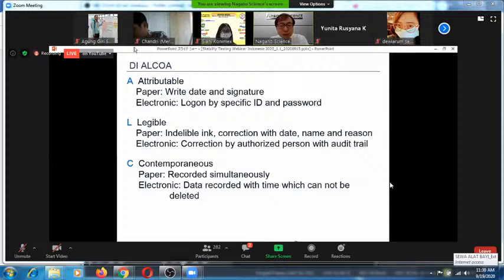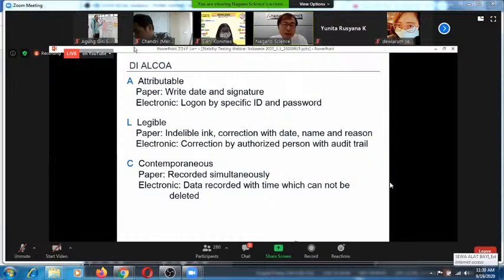A is attributable: on paper, you write the date and signature by the operator, and electronically, the login with specific ID and password must be ensured. L is legible: for paper, intelligible ink, correction with date, name and person; and electronic, correction by an authorized person with audit trail.